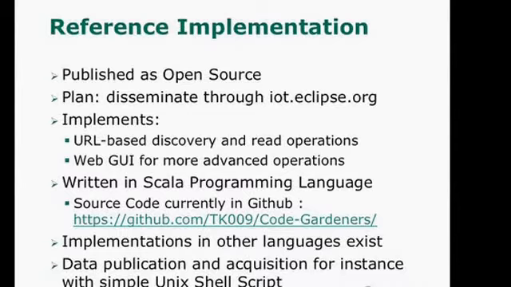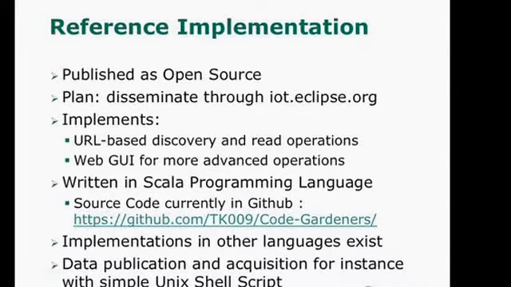And this reference implementation provides URL-based discovery and read operations, and a web GUI for more advanced operations. It's written in the Scala programming language, which is the new language that's rising, at least in our university. But we do also have implementations in quite a few other languages.